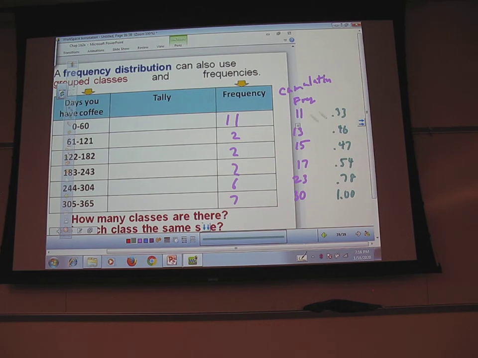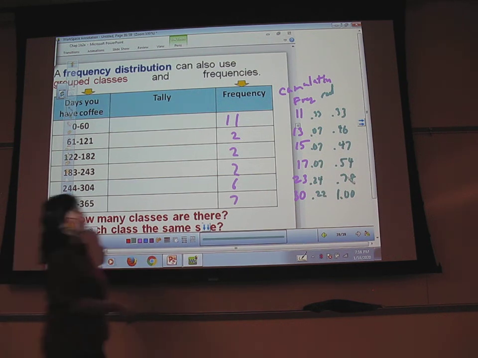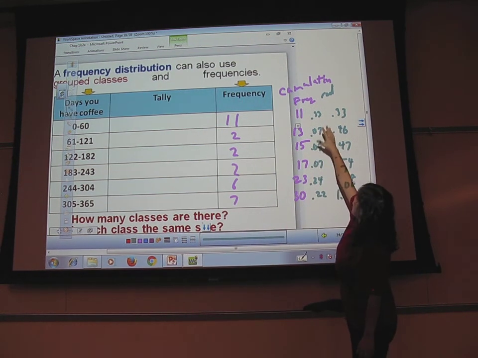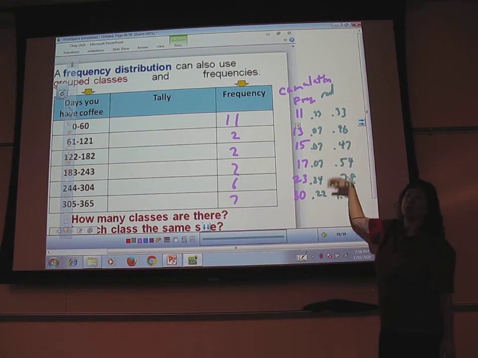So if my relative frequency was 0.33, 0.07, 0.07, 0.07, 0.24. This isn't accurate, but 0.22. Okay, those should be totally opposite, but whatever. It's when you add this frequency plus all the ones that came before, the relative frequencies.